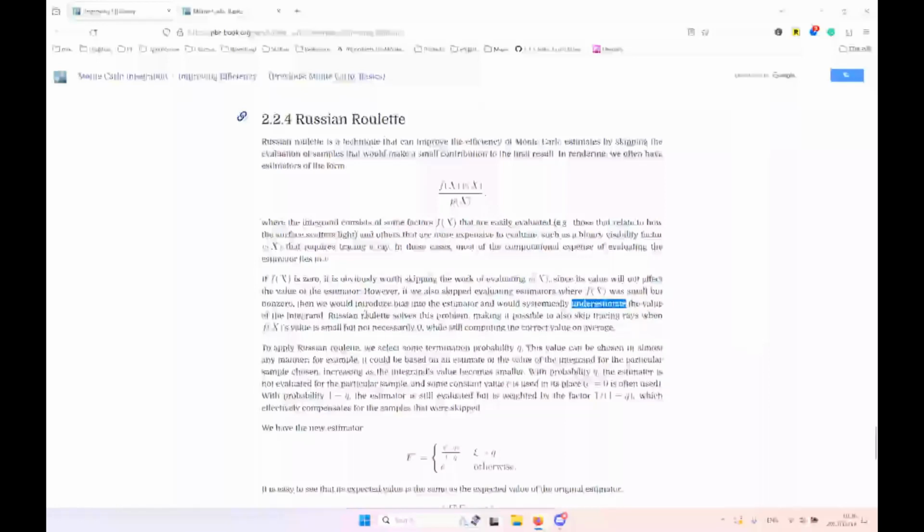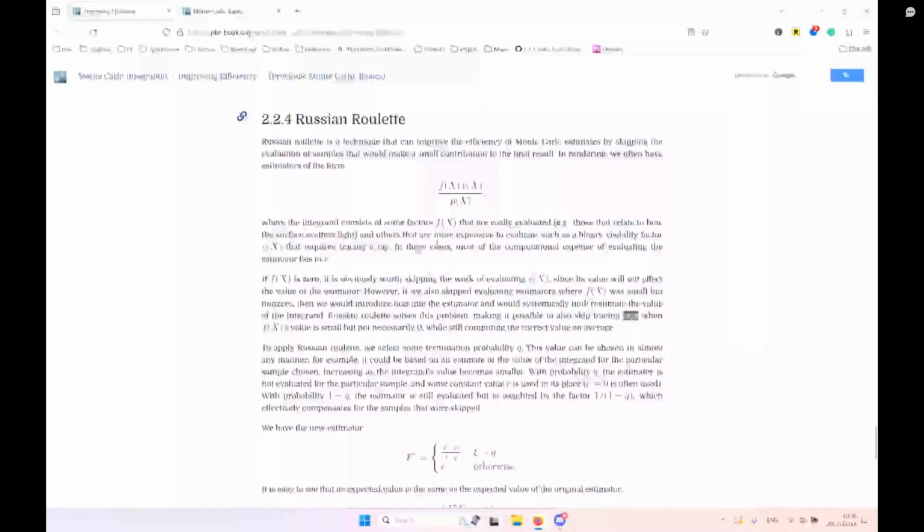And Russian roulette solves this problem by skipping rays when the f(x) value is still not 0 yet, but we compensate for it.